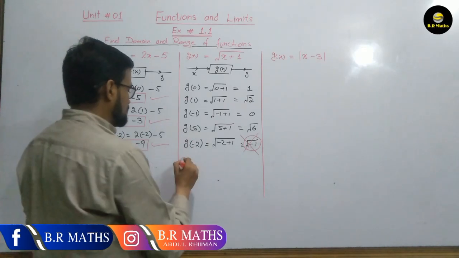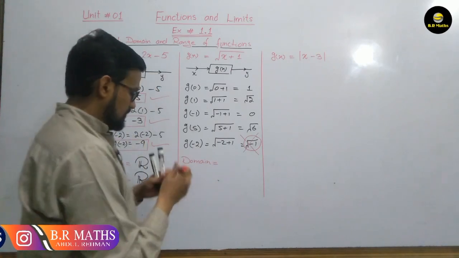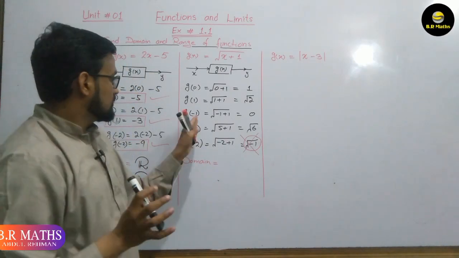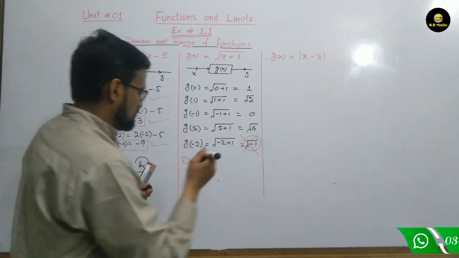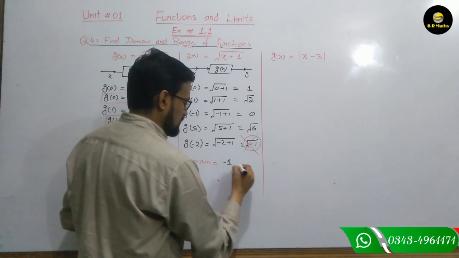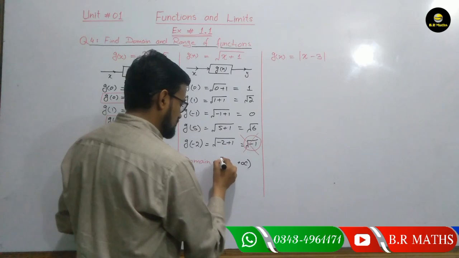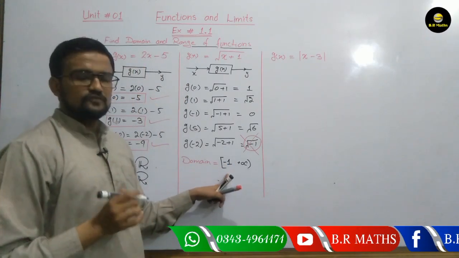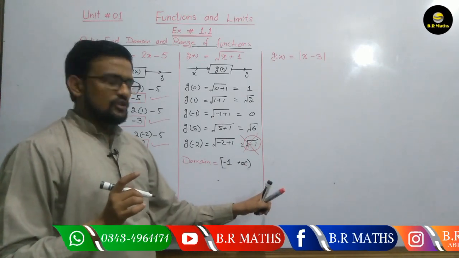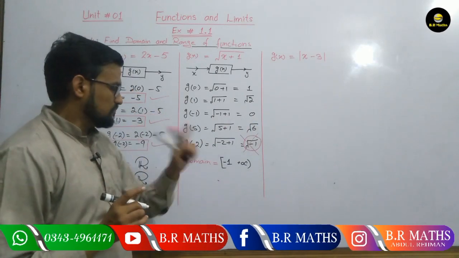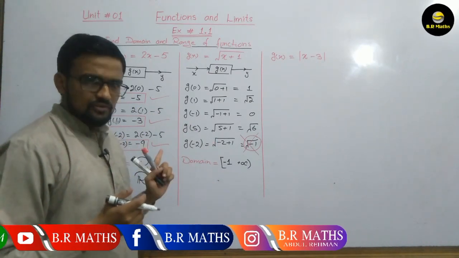So the domain of this function is minus 1 to positive infinity. Minus 1 is included, and 0, 1, 2, 3 up to infinity, but values less than minus 1 are not included in the domain.